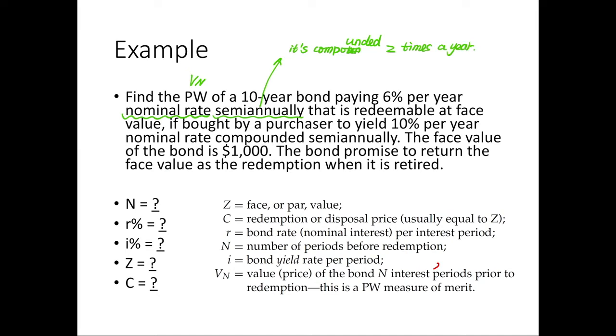When I say compounded, it's equal to when I say the interest is calculated. That's the same meaning. So if it's semi-annually, every year it's compounded twice.